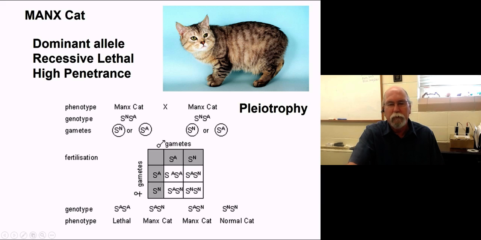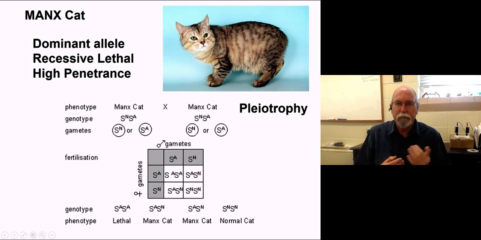You get two Manx cats out of it, and these are heterozygotes. And then finally, you get a normal cat that's a homozygote for the normal allele. So again, if you look at this Manx cat, you know it's a heterozygote. You know immediately what its genotype is relative to this particular allelic system. Right? Well, that's a quick run through of what recessive lethals are.